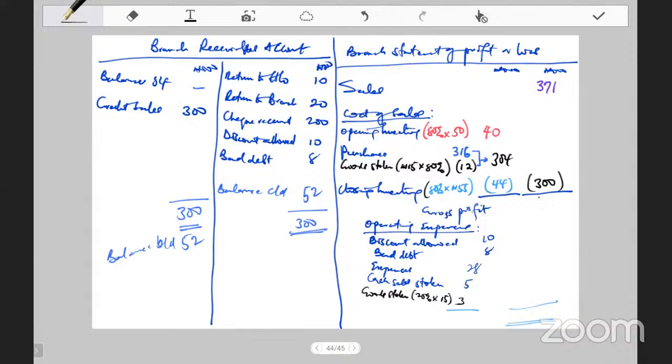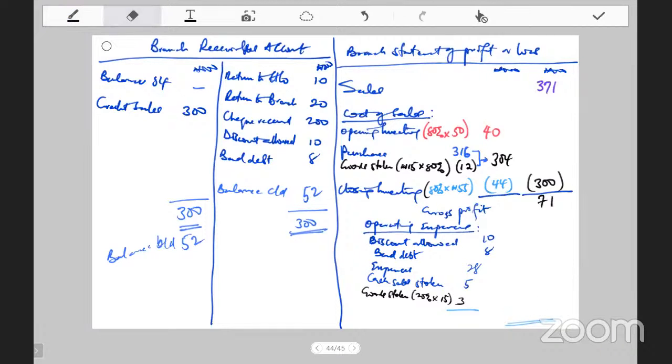So my gross profit will be what? 71. So can you give me the addition of all my operating expenses, plus 28 plus 8? So what do I have? 54.